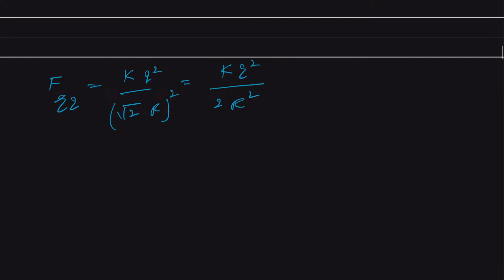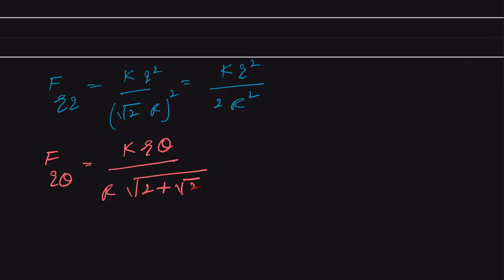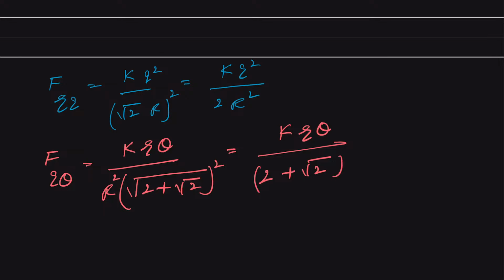And similarly our F between capital Q and small q will be equal to K Qq upon R square root of 2 plus square root of 2, and this is a whole square, which gives us K product of two charges, over 2 plus square root of 2, and this comes as our R square.